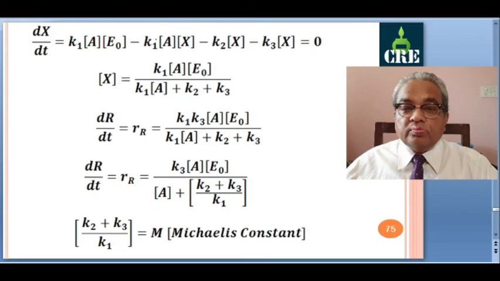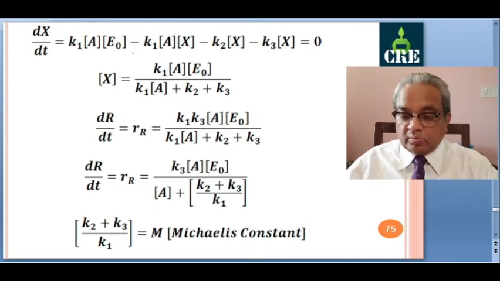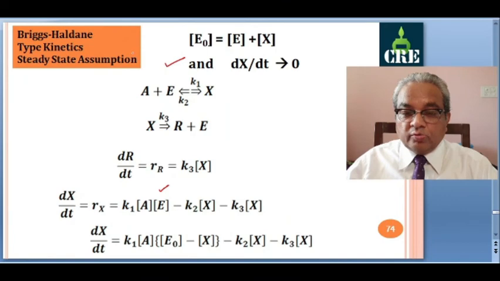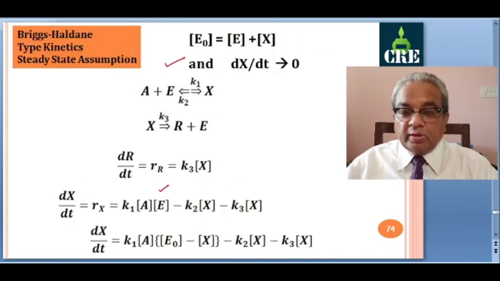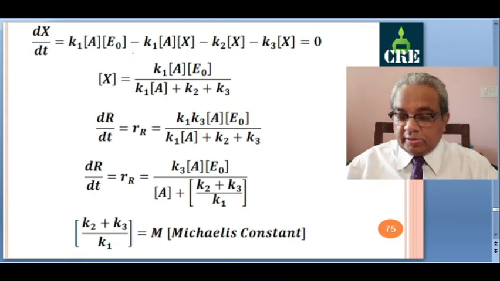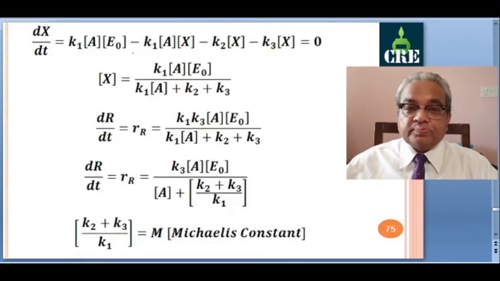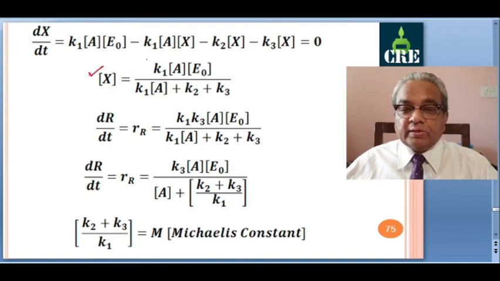If you solve this, what you get is K1AE0, minus K1AX minus K2X minus K3X. So the concentration of intermediate X has numerator K1AE0, and in the denominator you have K1A plus K2 plus K3.